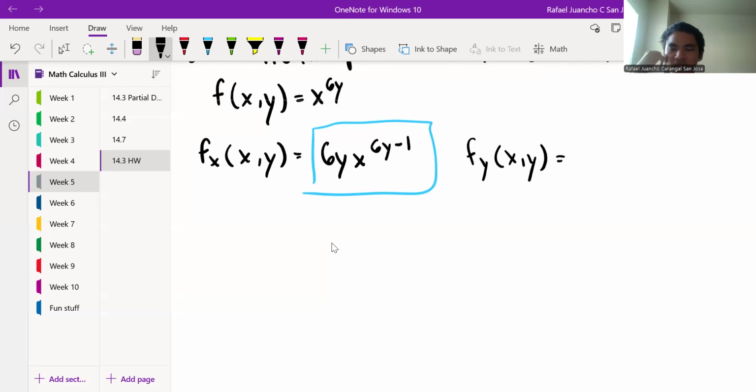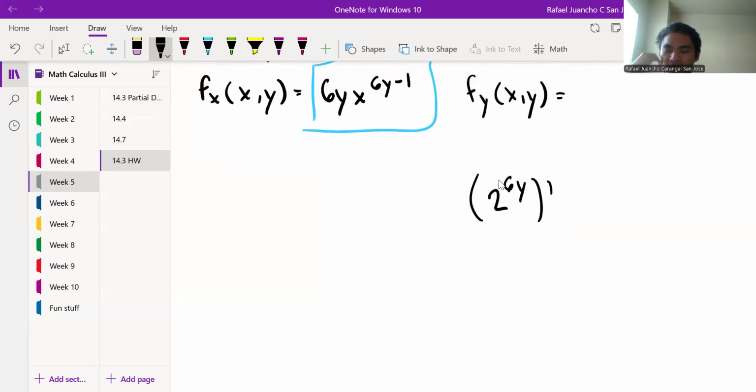I'm curious as well. Wait, how do we take the derivative of that? Let's say x is 2. How do I take the derivative of this? Oh crap, that's something I haven't done in a while.